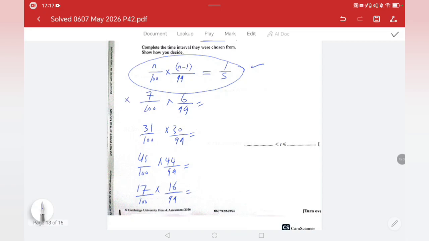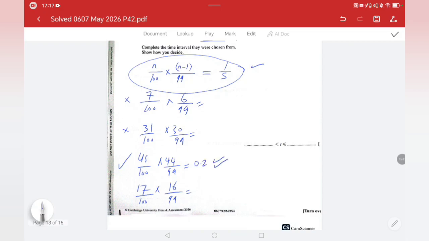If you try 31 times 30 divided by this 9900, it's not this one, it doesn't even give a fraction. But look, if you try 45 times 44 divided by 9900, the answer is 0.2. So it's very clear that this one is the answer.